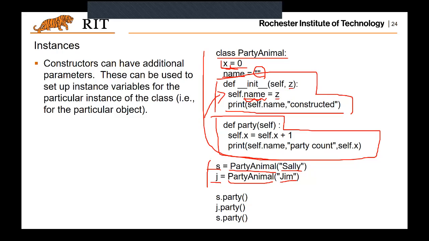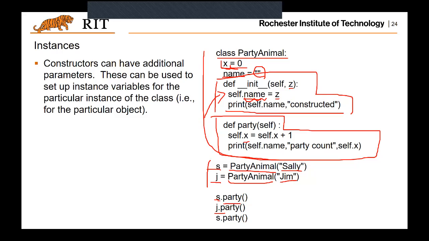With these two variables assigned to these objects, you can call their method party. So s.party will accumulate x by 1, but that x belongs to s.